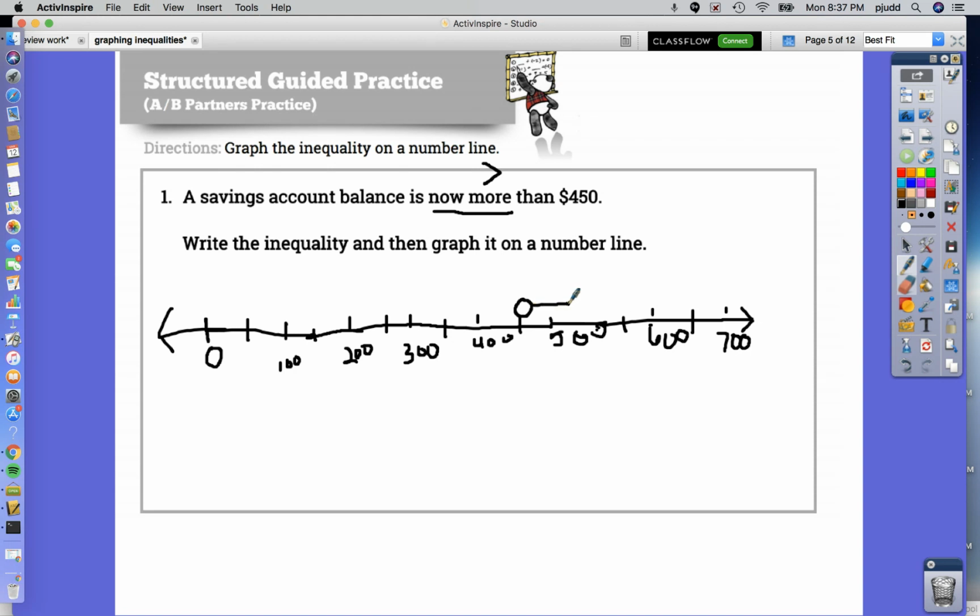It's not just 450, it's more than. So my arrow is going to continue out in this direction, and it's going to be an open circle because it is more than $450. $450.20, $450.50, $451. All of those are more than $450.